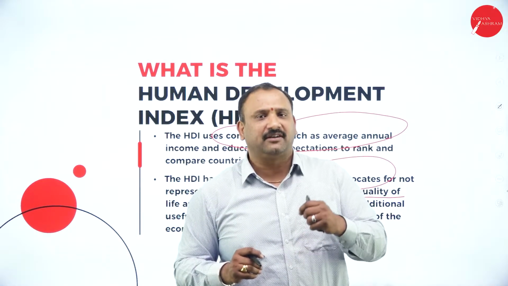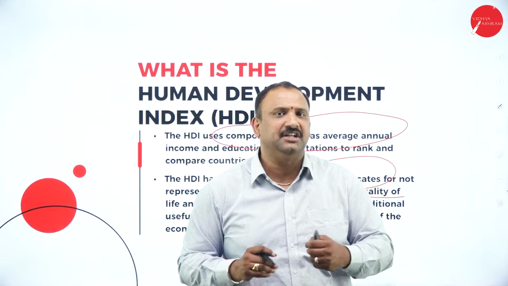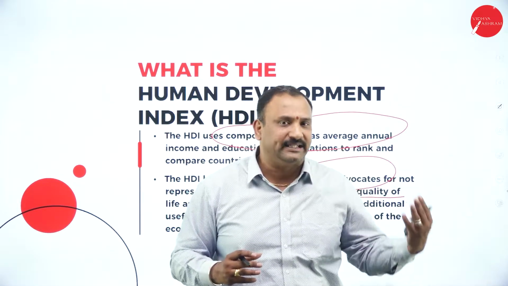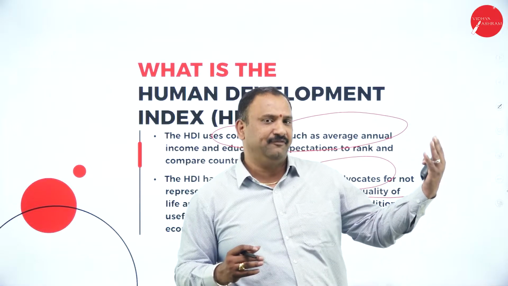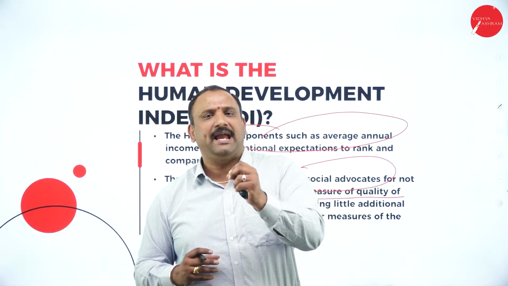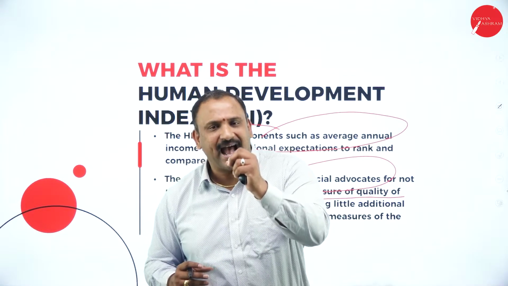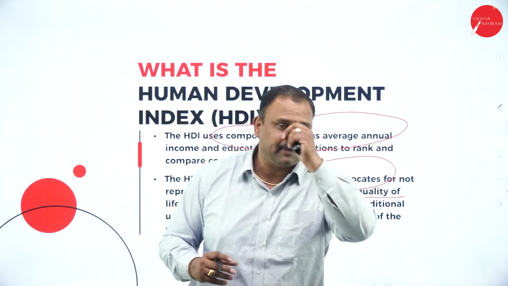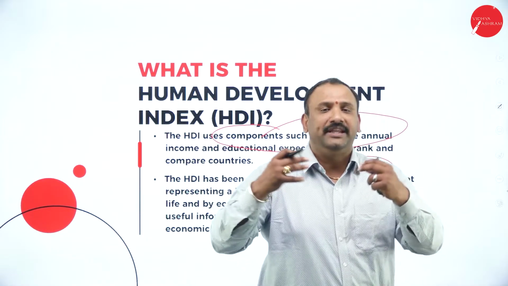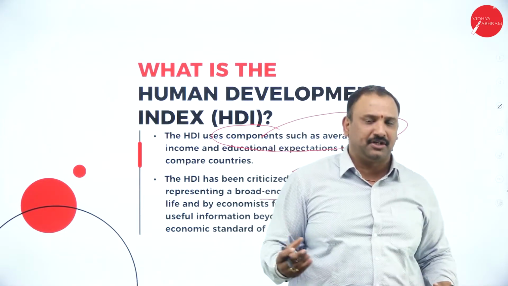Why? Because the culture, caste, creed, religion, and the various factors that govern India are totally different from the lifestyle in Finland. So the economists always felt that you would not be able to get a correct measurement. Why? Because each and every country has a unique lifestyle and culture behind it.